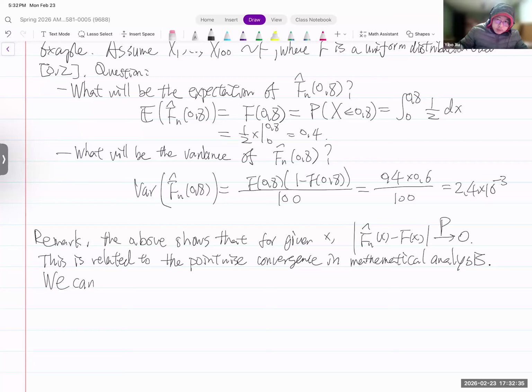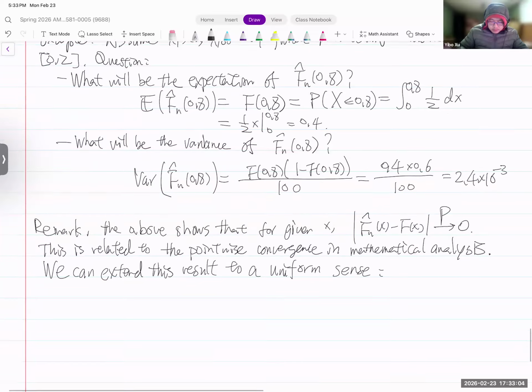We can extend it to uniform convergence. That's a theoretical establishment we're going to omit for the course. We can extend this result to a uniform convergence. The sense is the same thing.